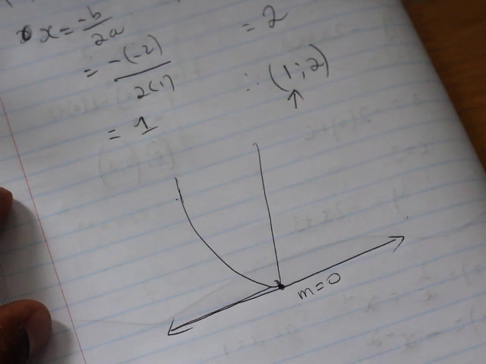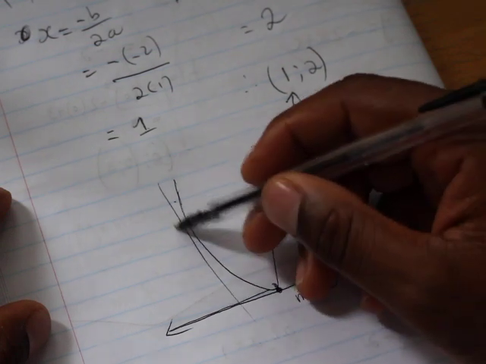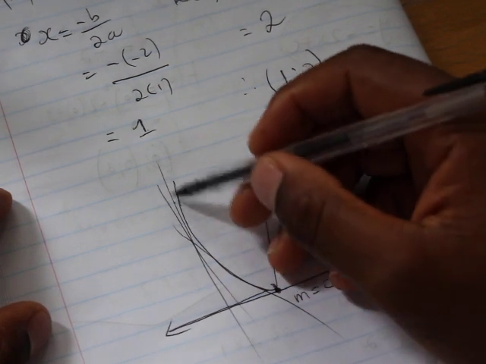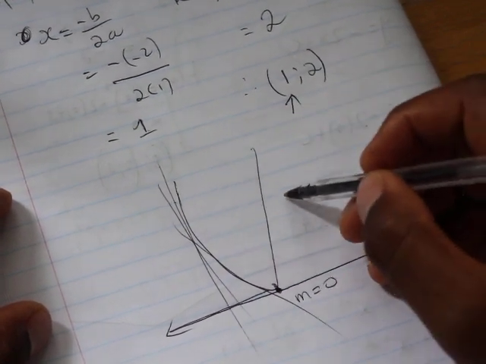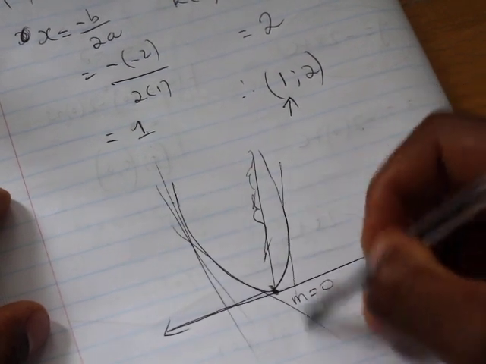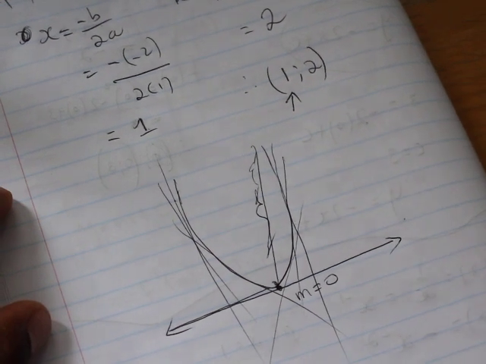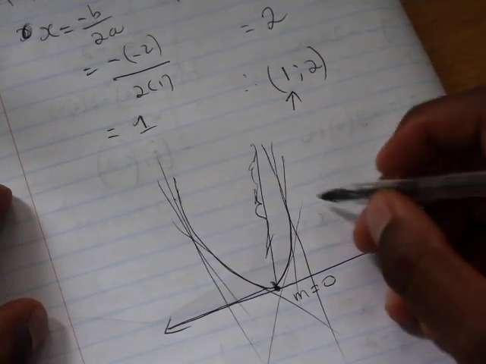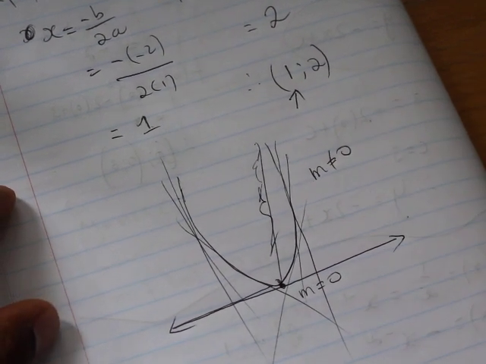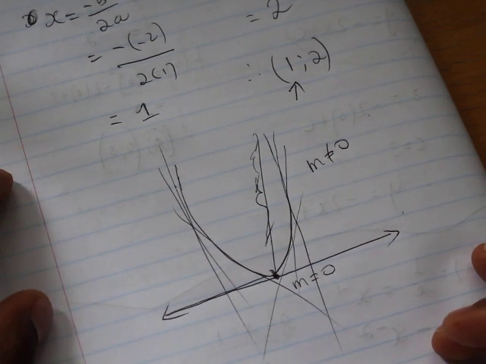You can have many other tangents like that, but their gradients are not 0. There's a tangent there, another tangent there, another there. All of them, their gradients are not 0. In other words, m is not equal to 0. It's only at the turning point that the gradient of the tangent is 0, right?